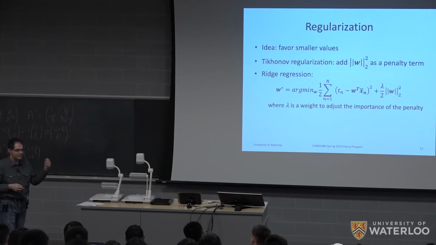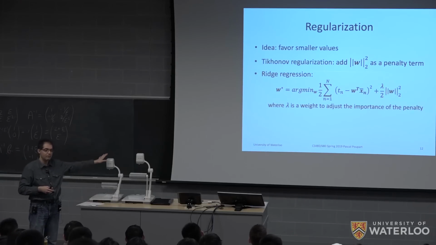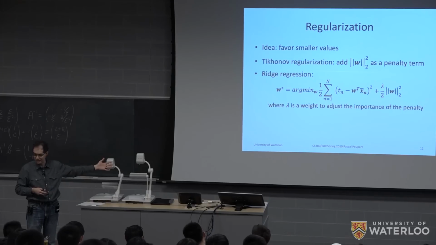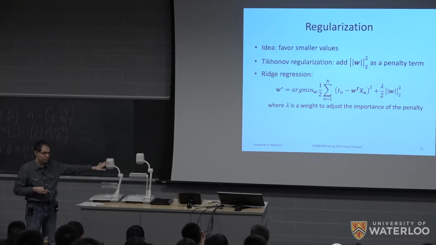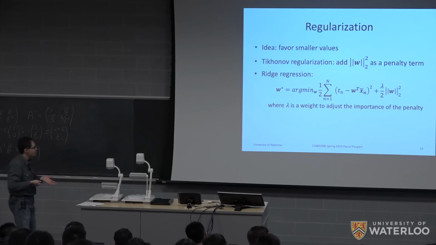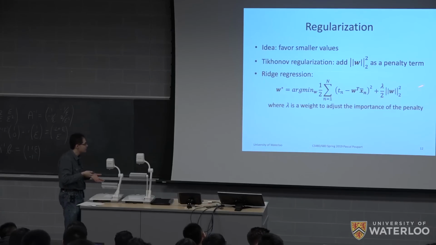Next class, we're going to see how we can justify this rigorously from the perspective of statistics. There's a principle, a good reason why this approach makes sense, and it should become clearer next class. But for now, let's just go ahead with this idea that perhaps what we can do is simply try to keep the weights as small as possible.